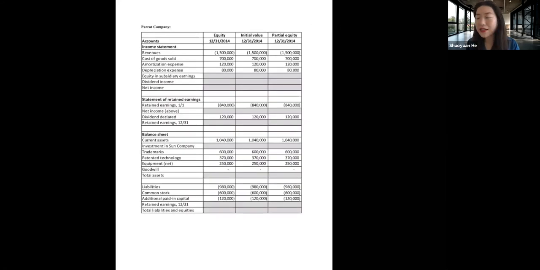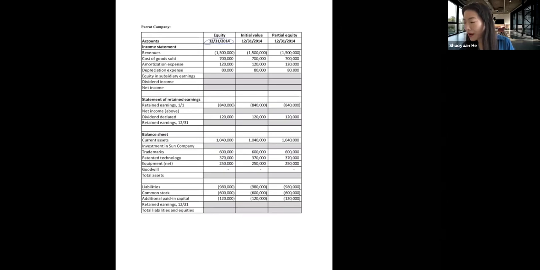So first, let's look at the year 2014. This is the year of acquisition. And let's look at how the parent company would record those accounts under different methods.